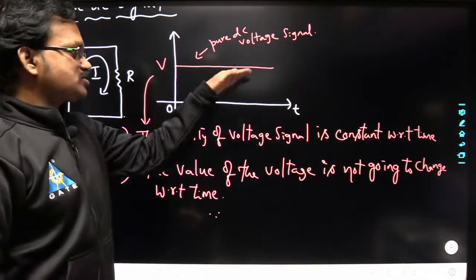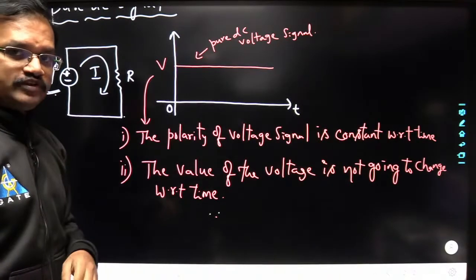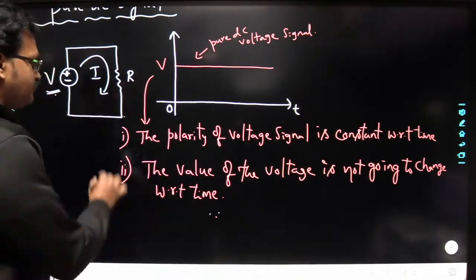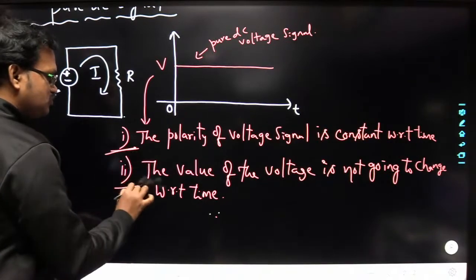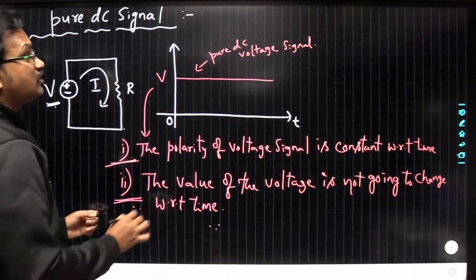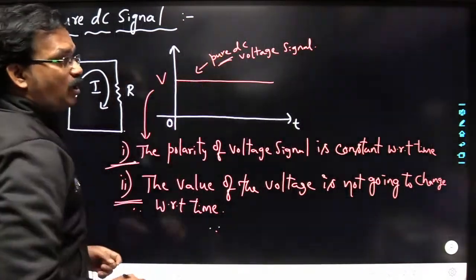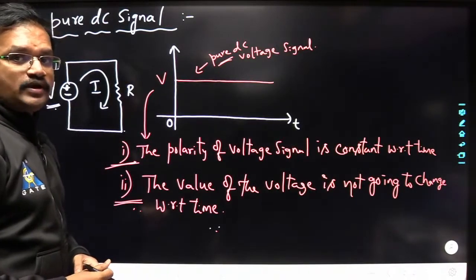That means it is constant. It maintains a constant value with respect to time. If these two conditions are satisfied, then we call that signal a pure DC voltage signal, right?